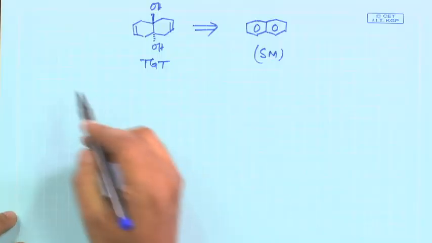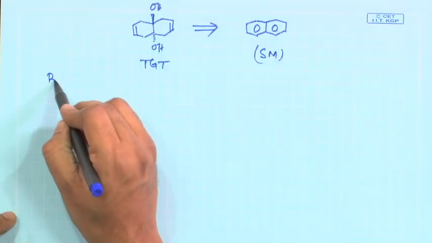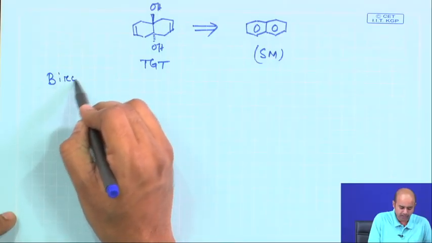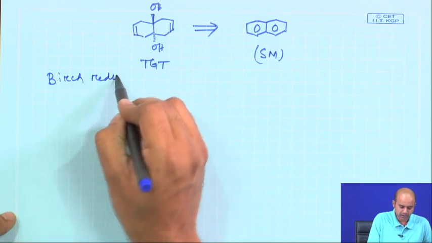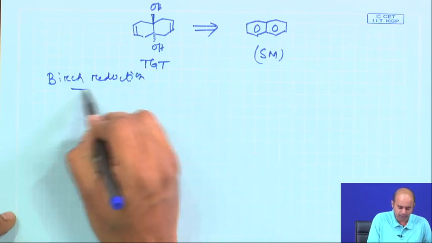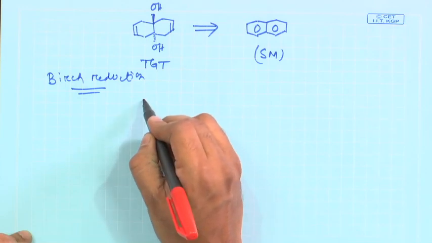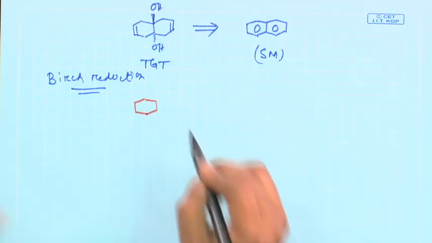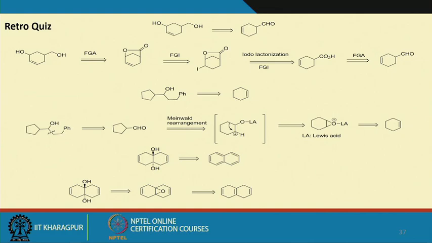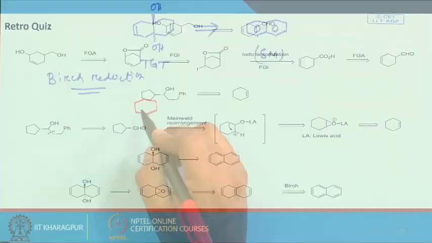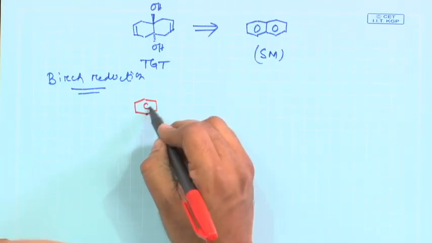Now, can you name some reactions where an aromatic nucleus is converted to a non-aromatic compound? The very first reaction that should come to your mind is the Birch reduction. Birch reduction is a very important reaction, and probably during subsequent coursework we will talk about it in detail.